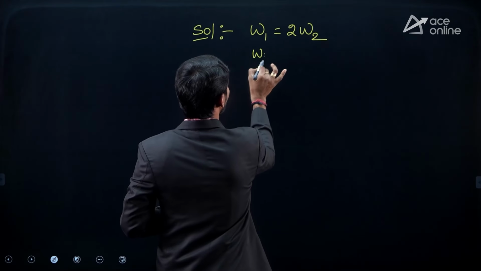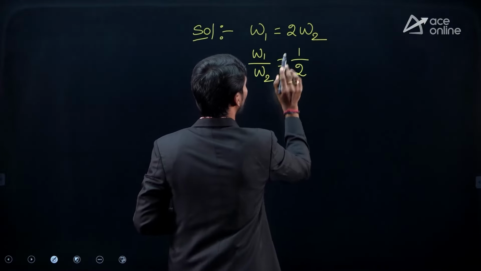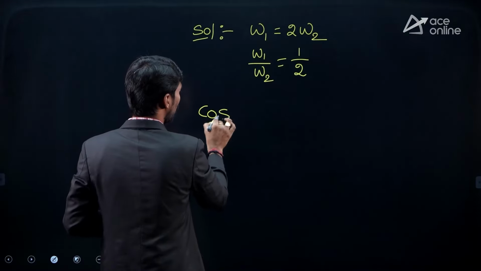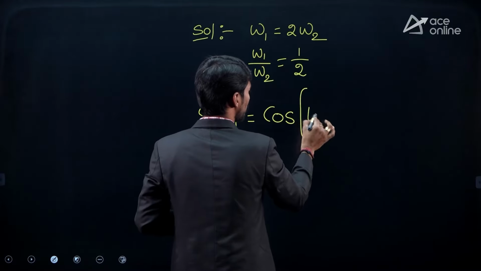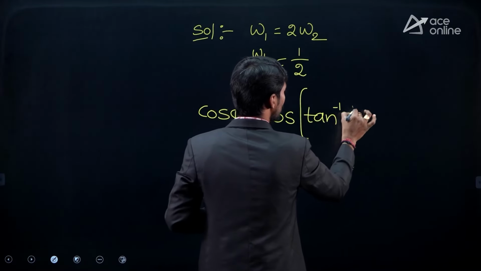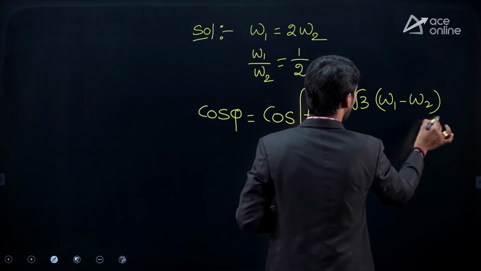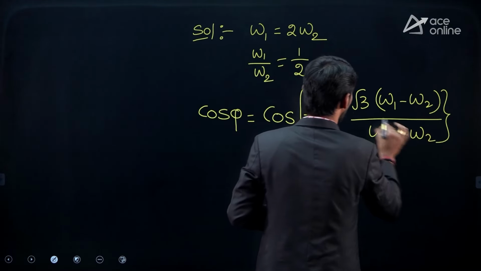Therefore, W1 by W2 is equal to 2 by 1. Right. Now, what is the power factor formula? Cos phi is equal to cos of tan inverse root 3 (W1 minus W2) by (W1 plus W2).